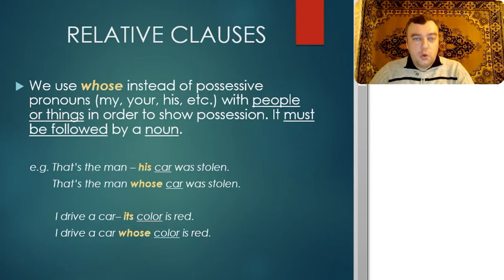We use whose instead of possessive pronouns, my, your, his, her, their, our, and so on, with people or things in order to show possession. It must be followed by a noun. So whose is a universal pronoun, so you don't need to pay attention if you are speaking about a person or a thing.